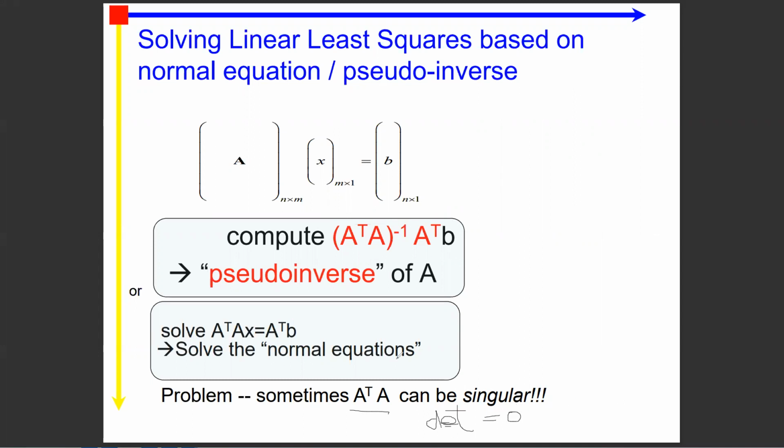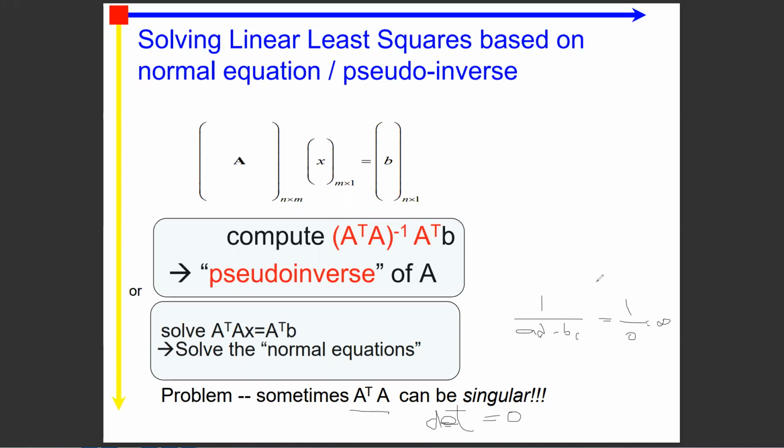If you remember, for a 2 by 2 matrix, the determinant is A times D minus B times C, right? And if the determinant is 0, you would have 1 over 0, which is infinity. So this is not possible. There's no solution then. So this must not be singular, but sometimes it can happen. So one has to be careful, of course, to look at this, and maybe something else needs to be done instead.